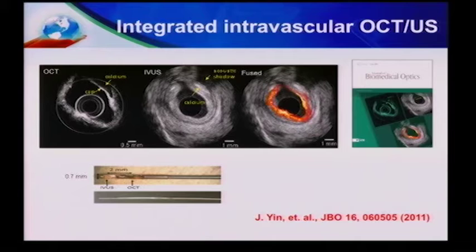And you can see that this is the OCT image, from human cadaver tissue. This is the plaque region, and in this case it is a calcified plaque. OCT can identify the thickness of the cap very well because of its high resolution. On the other hand, the ultrasound can look at the depth and thickness of the whole plaque. So you can combine these two images, which solves the problem of high resolution and deep imaging depth.